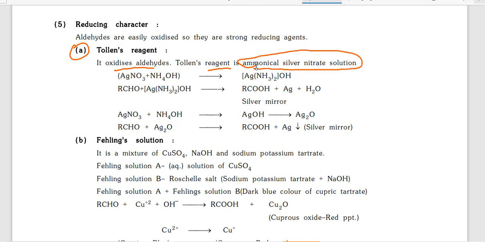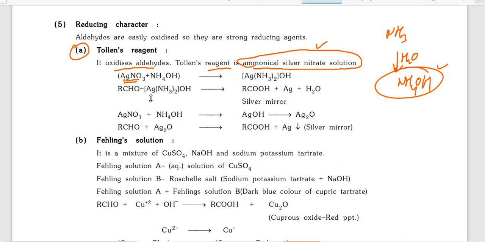Silver nitrate is AgNO3, and ammoniacal means ammonia, NH3. Wherever NH3 is required, we take ammonium hydroxide, because NH3 combined with water gives ammonium hydroxide. So the silver nitrate is dissolved in ammonium hydroxide, and that is known as ammoniacal silver nitrate solution, the Tollens reagent.